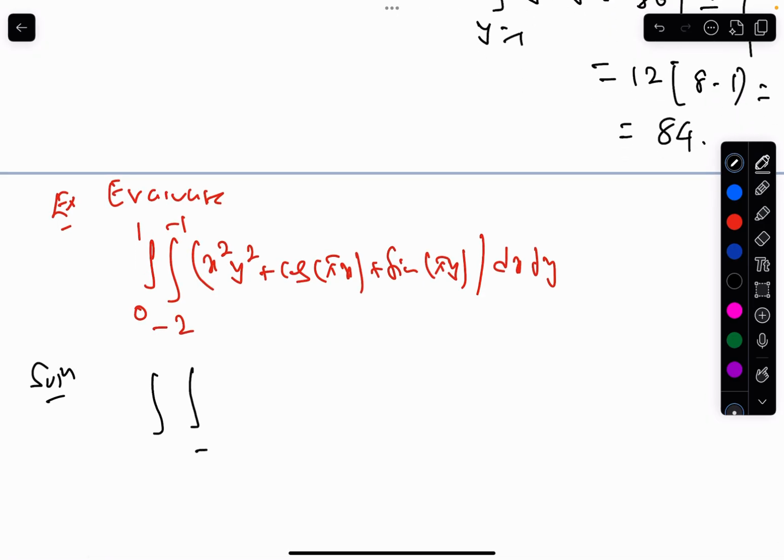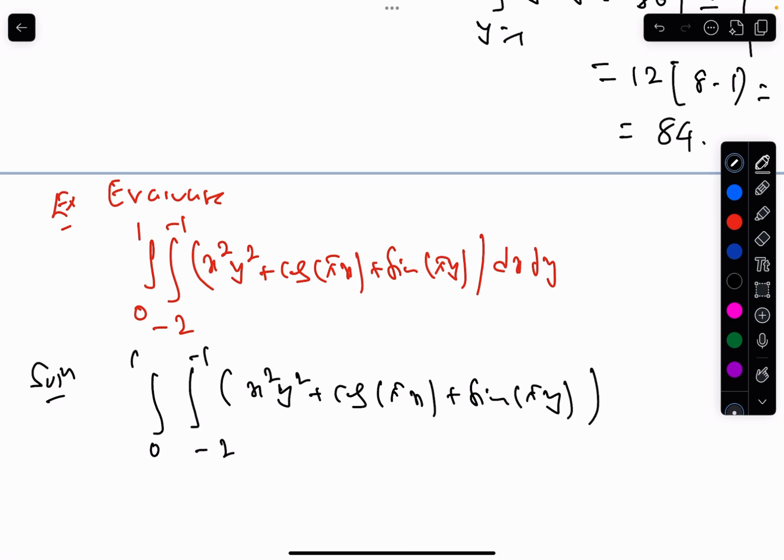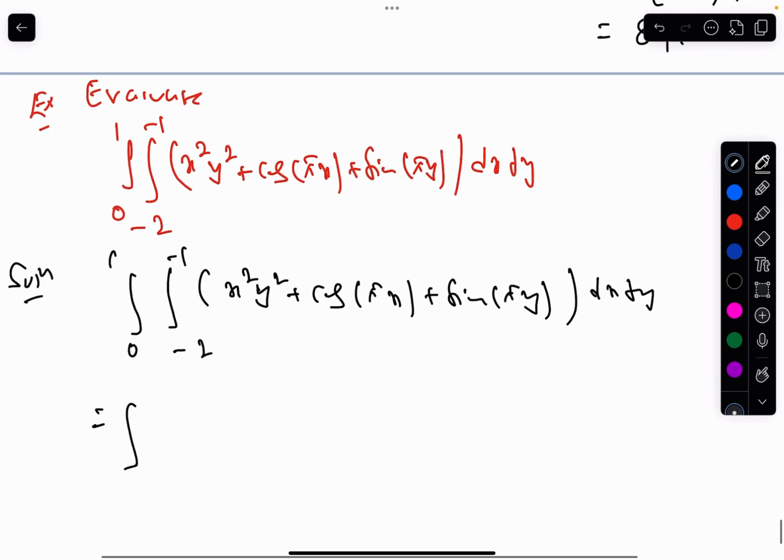So here, double integration from -2 to -1, 0 to 1, x square y square plus cosine pi x plus sine pi y dx dy. Let us integrate with respect to x.